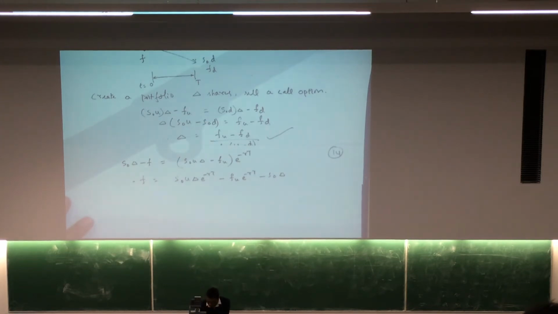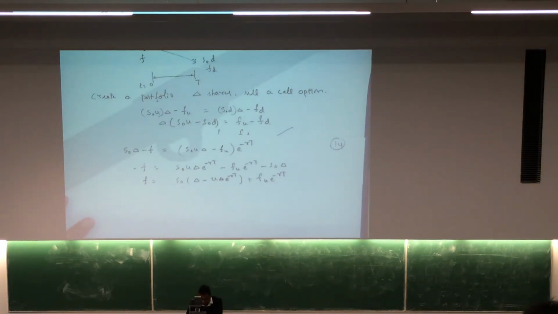Okay, so you can simply write this as F is going to be S naught times delta minus U delta e power minus RT plus FU e power minus RT. I'm just arranging the things, nothing else.